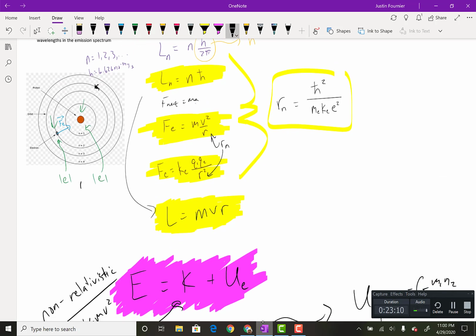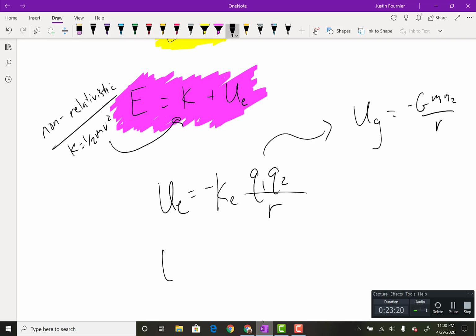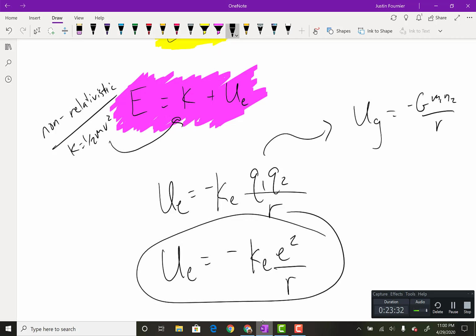We got a positive charge and a negative charge. The potential energy is negative, and then the magnitude of those charges. You know what? I'll even go a little bit further. The potential energy is negative Ke E squared over R, not R squared, just R. So there's my potential energy there.